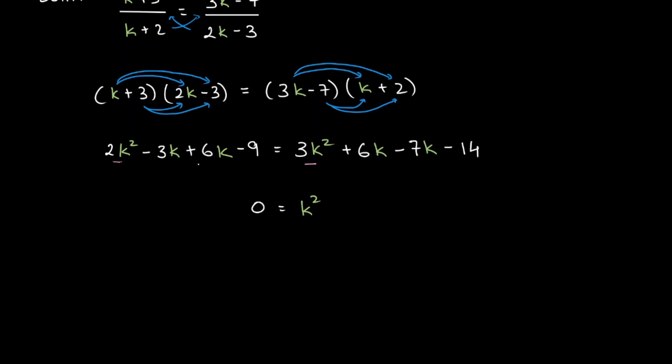Furthermore, plus 6k here, plus 6k here, those two terms will get cancelled, because when I take the plus 6k to the other side, it becomes minus, and all I'm left with is minus 3k and minus 7k, right? So the minus 3k on the other side becomes plus, which will give me minus 7 plus 3, which is minus 4k, right?